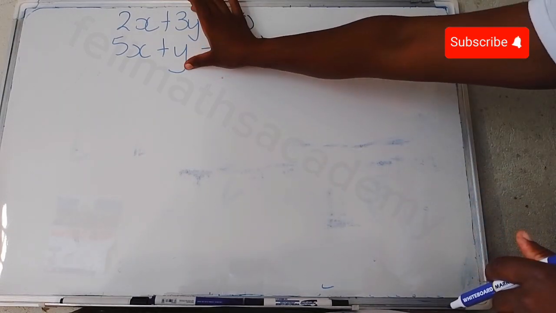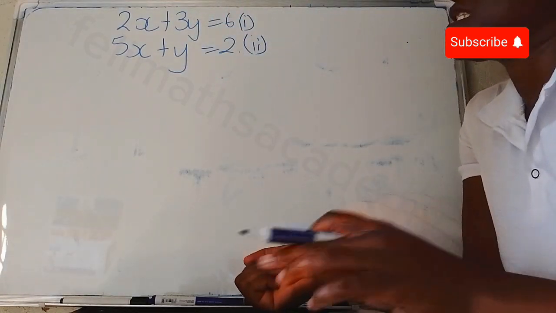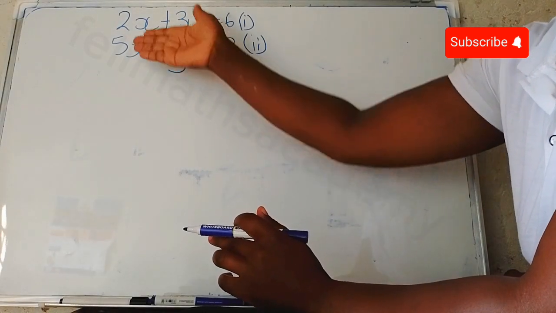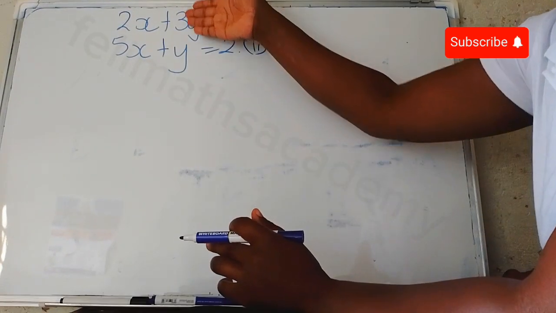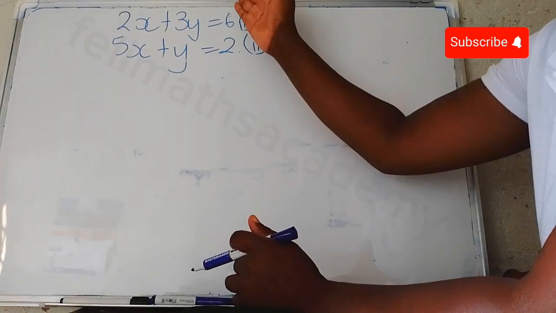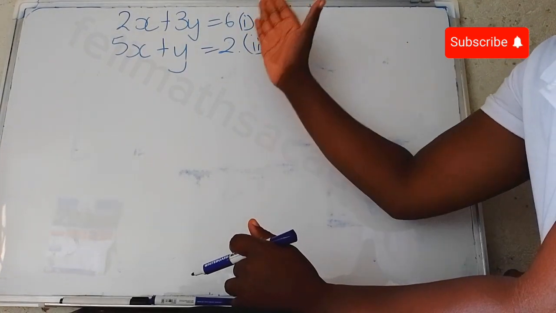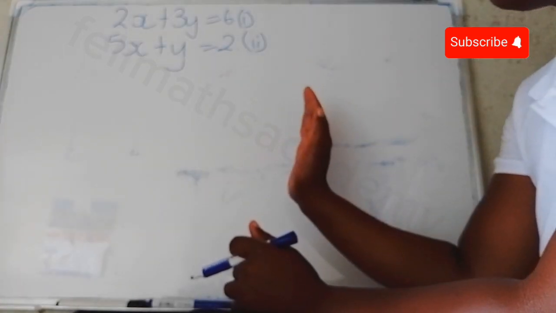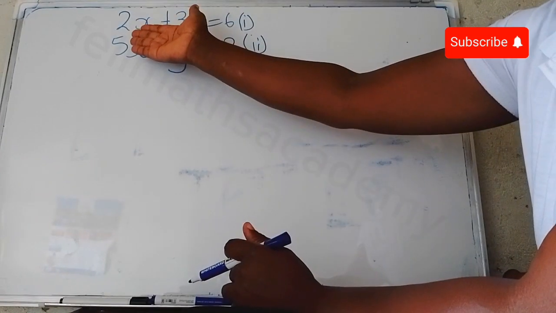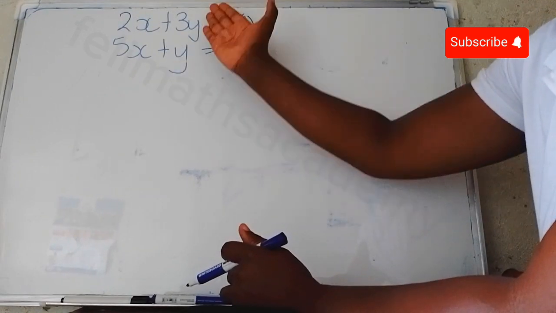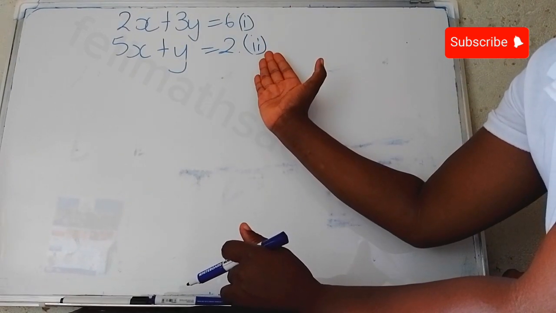For this pair of simultaneous equations, we are going to form a matrix, right? This is in terms of x, in terms of y, and on the other side we have constants, terms without any variable.